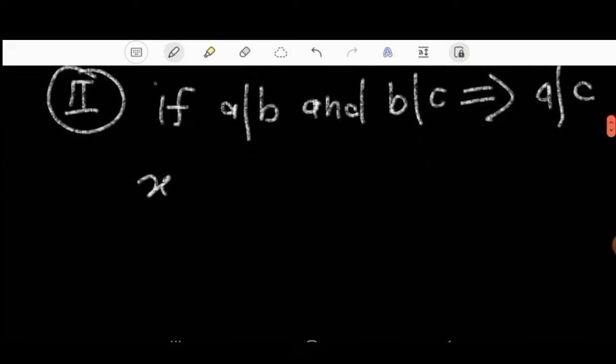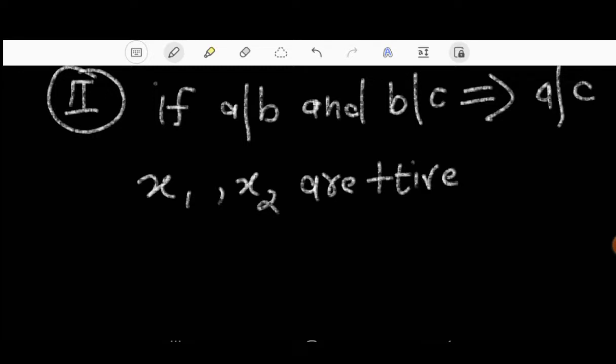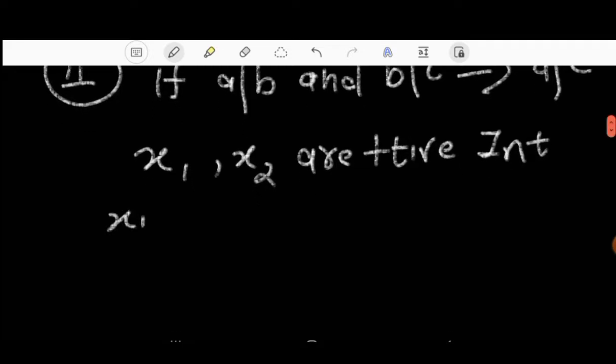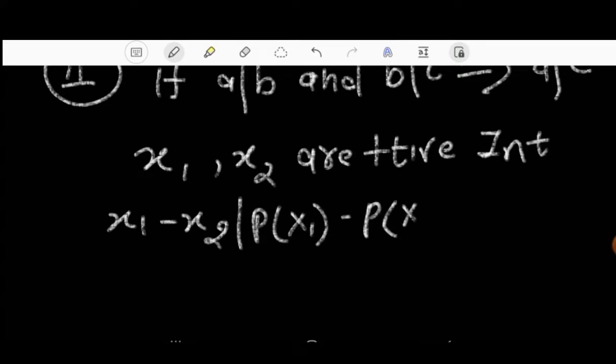Since x1 and x2 are positive integers, we can say that x1 minus x2 must divide P of x1 minus P of x2.